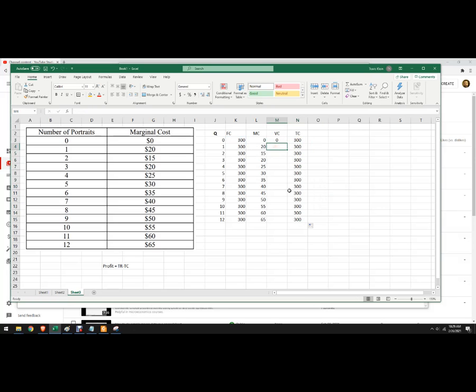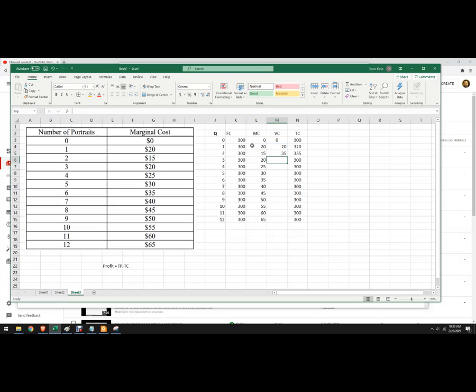The additional cost in producing that first unit is 20. Now I was already incurring 20, so the formula for this one is the previous variable cost plus whatever the marginal cost is. I can only do this because the quantities are going up in a linear fashion by 1.